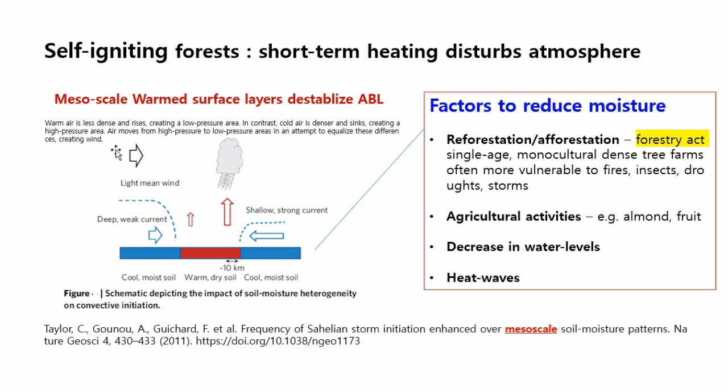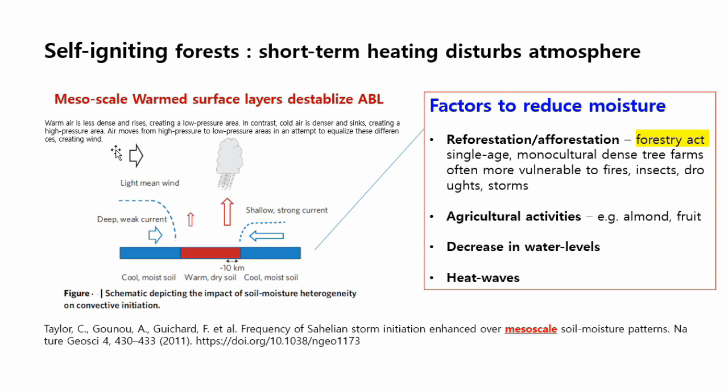So again, like in the previous slides, wind can be driven by the temperature increase. Warm air is less dense and rises, creating a low pressure area. In contrast, cold air is denser and sinks, creating a high pressure area. So air moves from the high pressure to the low pressure area in an attempt to equalize the differences, creating wind.